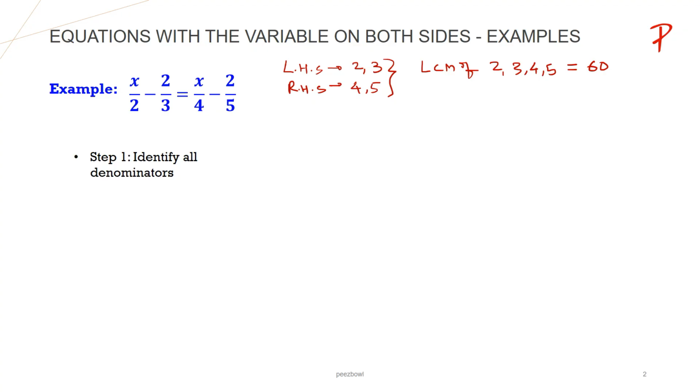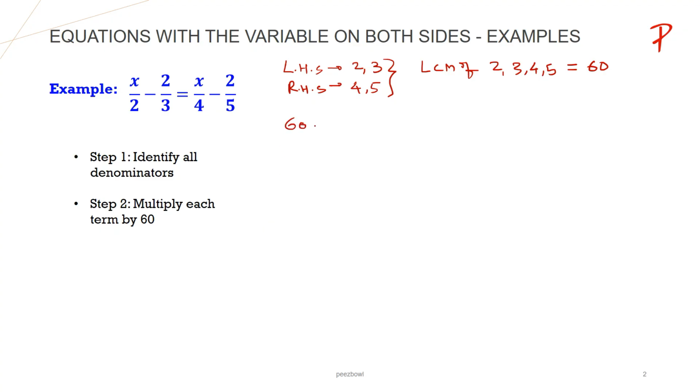So we will multiply each term on both sides of the equation by 60. Here we have the second step: multiply each term by 60. Let us apply 60 to each term.